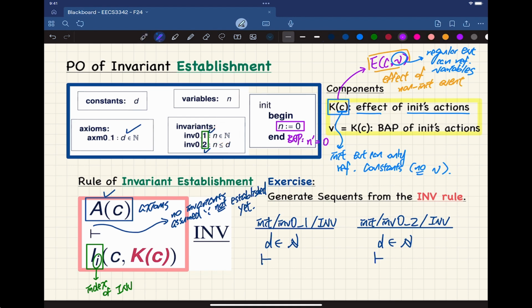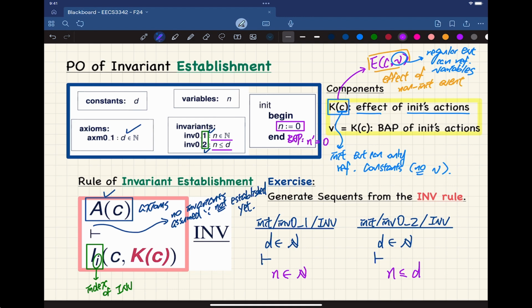So I will put the invariant condition: n is a member of natural number, and the second one, n less than or equal to d. It's not a final answer just yet. Put it first. And then we want to transform this into the final answer.